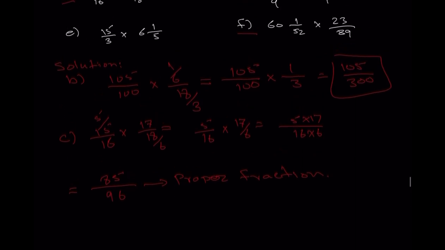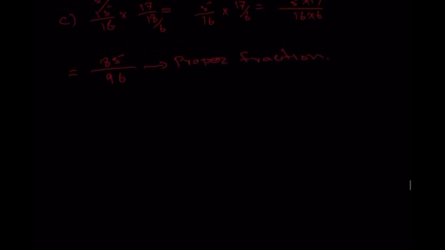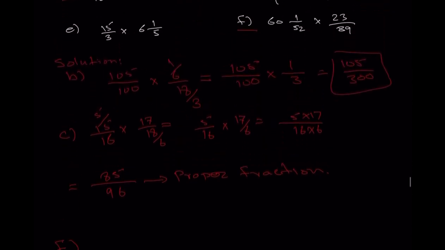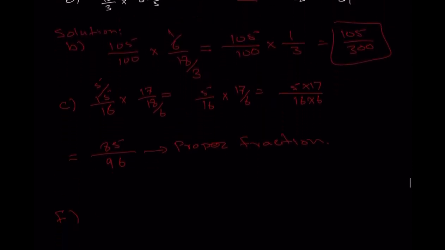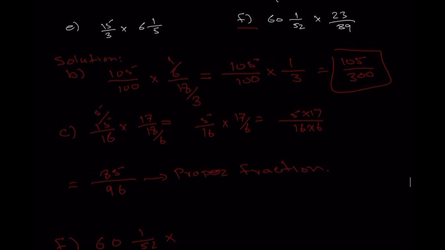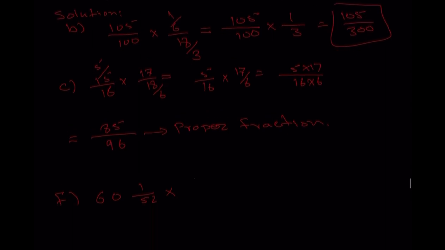Now, we said let's do number F. F is 60 as a whole number, 1 over 52, multiplied by 23 over 89.